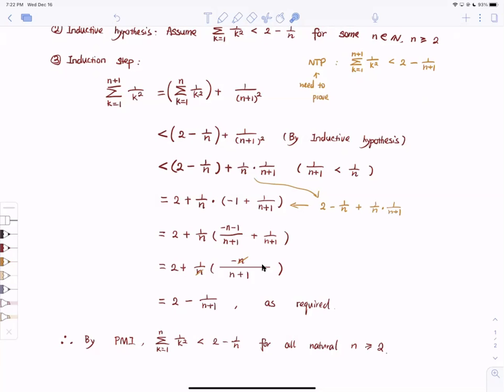Oh, I did this because I know I want to do something so that eventually I can cancel out and get this. So you need some manipulation. It's not obvious. So you need to try something, basically.